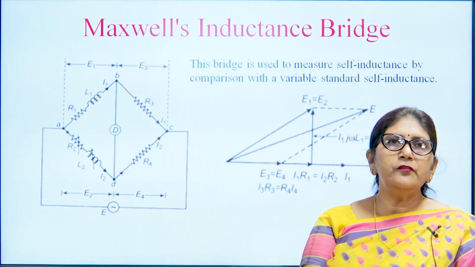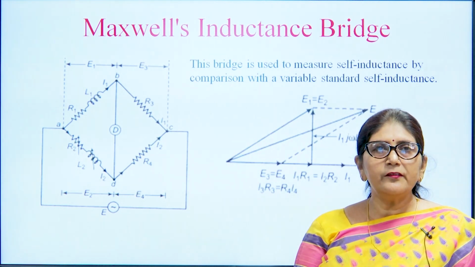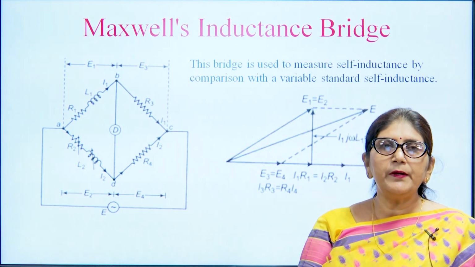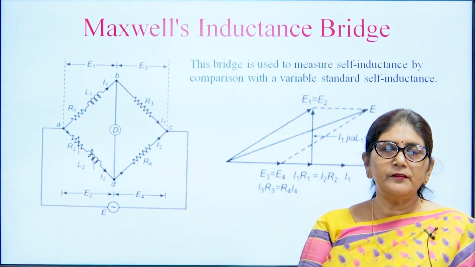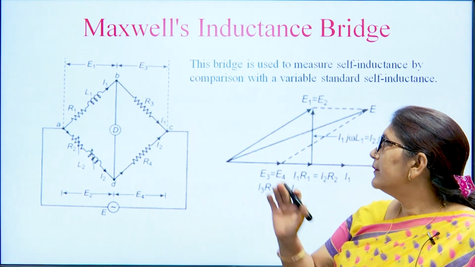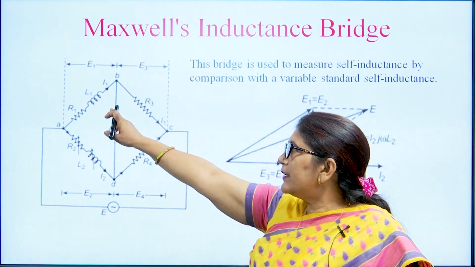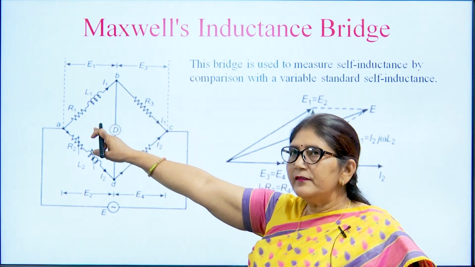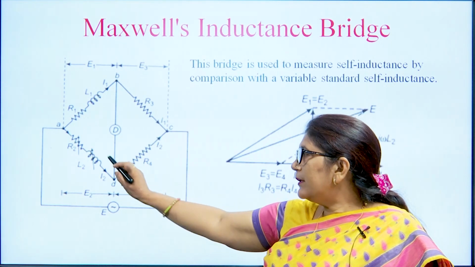The Maxwell bridge is used for the measurement of inductance, which can be represented by the series combination of an inductance and a resistance, that is the leakage resistance. Here the unknown inductance L1 and its inherent resistance R1 are shown.